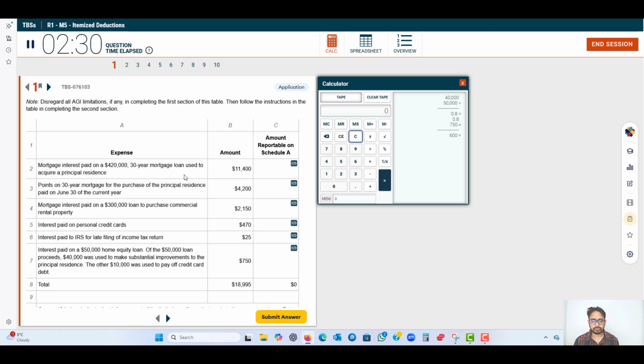In that case, you can use the itemized deduction to calculate your total taxable amount.